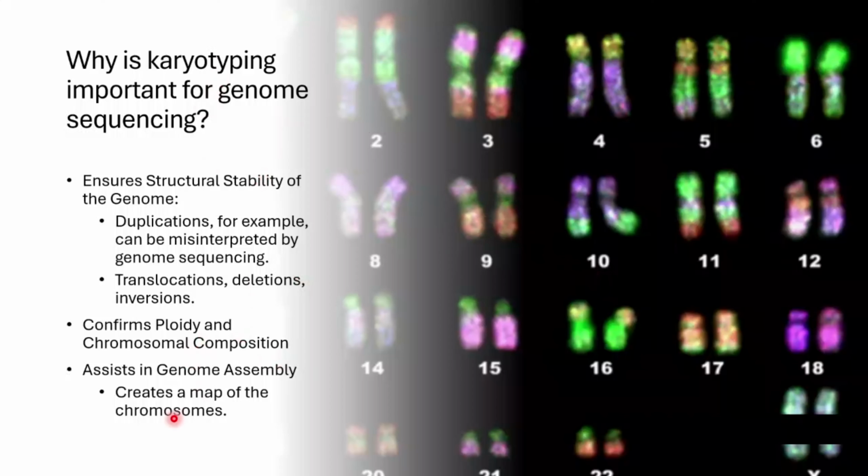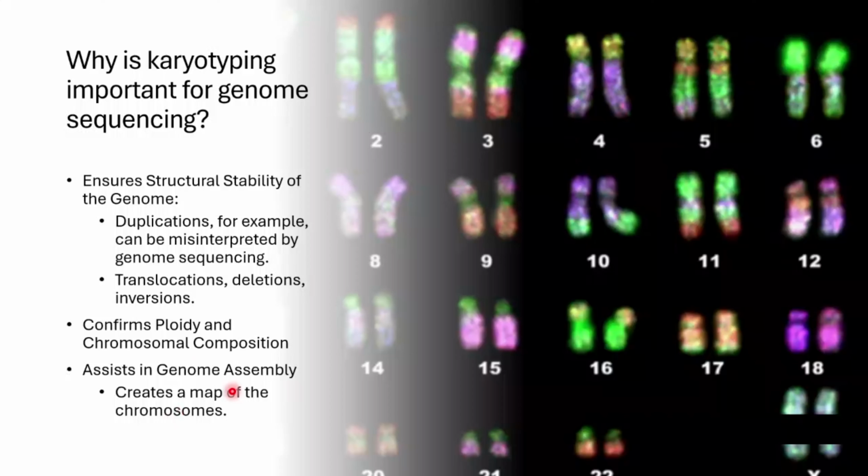The other thing is, your goal is to assemble the genome. And part of assembling the genome is knowing what the major parts of it are, right? You need to know which chromosomes are there, and how they are segmented while you're doing your stains, for example.